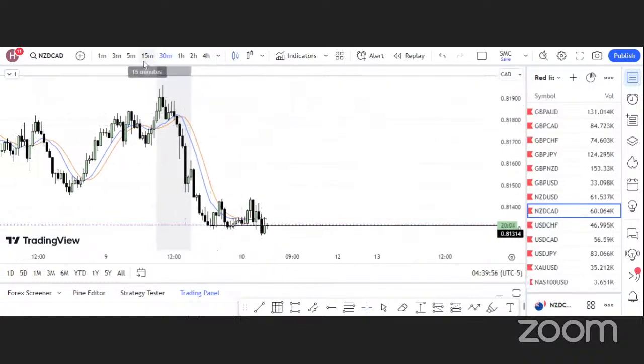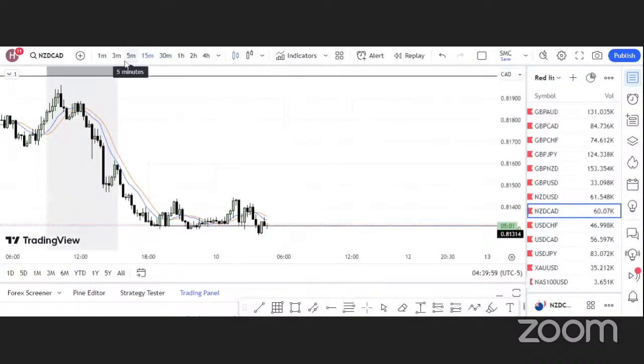Let's go check the lower time frame. See if we are going to be able to get an entry here.